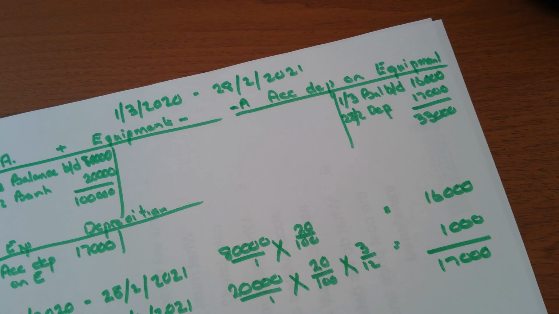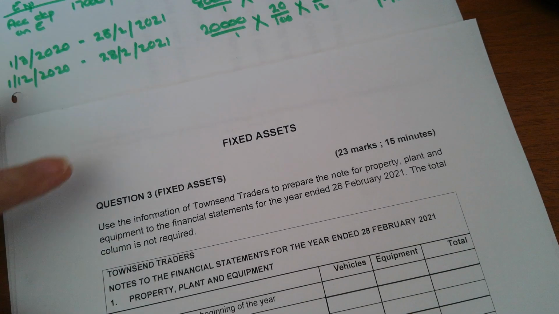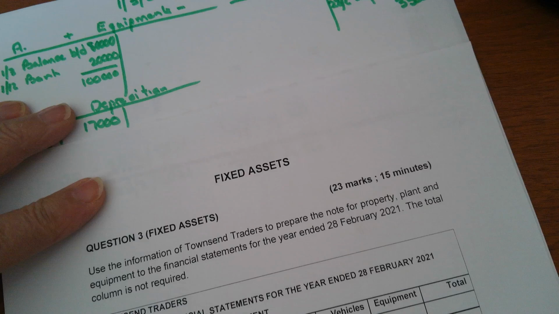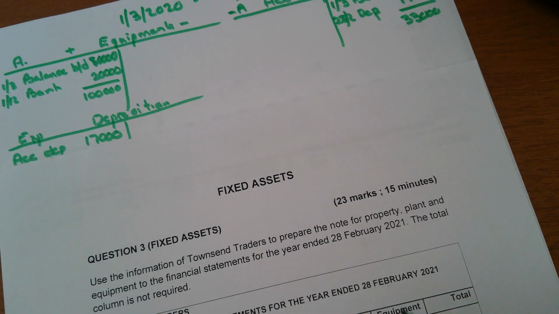Okay, I'm going to do the note for the equipment now, and then when we do the vehicles, I'll do that separately again. Okay, so if we look at the equipment account, the opening balance is 80,000, so the cost was 80,000.